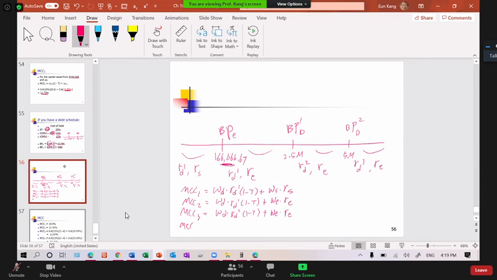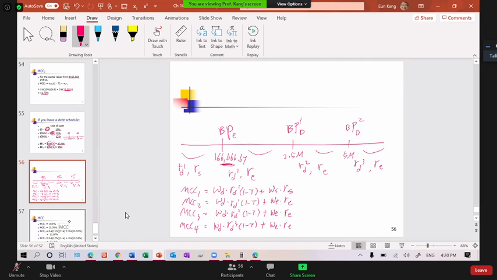Finally, MCC4 is WD times RD3 times 1 minus T plus WE times RE, right? So that is how to do this problem systematically. I recommend this way. Then it's easier to think and handle this problem.